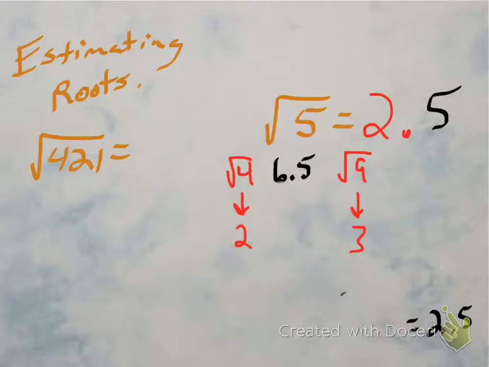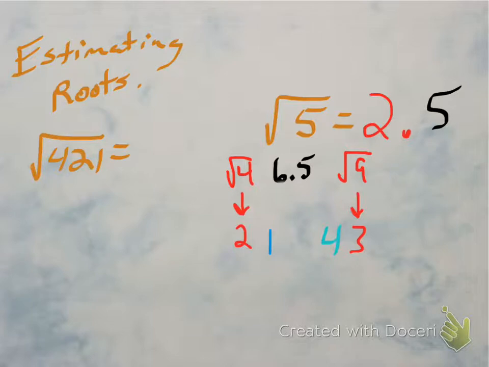So how do we actually get really close to figuring it out? This is how. The difference between 5 and 4 is 1 difference. Let me use a different color. It's a 1 difference. The difference between 5 and 9 is a 4 difference.